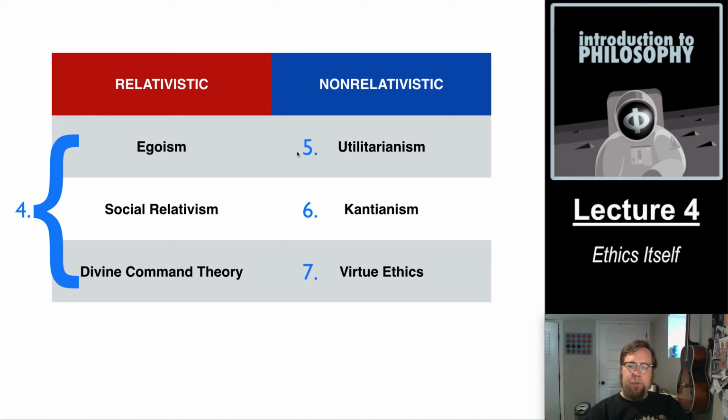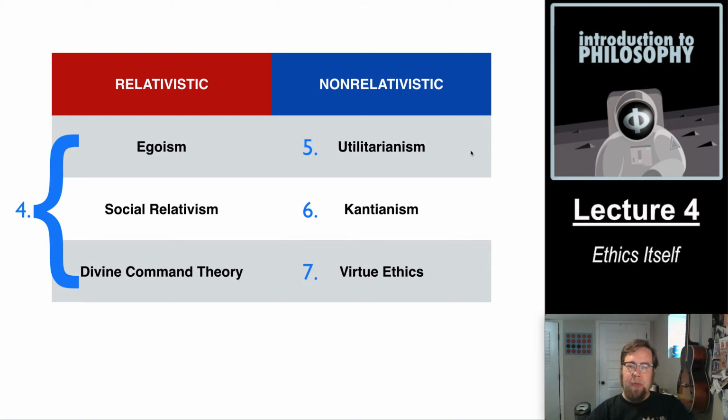In lectures 5, 6, and 7, each of those are going to be dedicated to something we should view as being non-relativistic. These are going to be attempts to give some kind of objective grounding to morality. They're going to be secular. That means they're going to be non-religious, but also they're attempting to be objective, or in other words, non-relativistic.